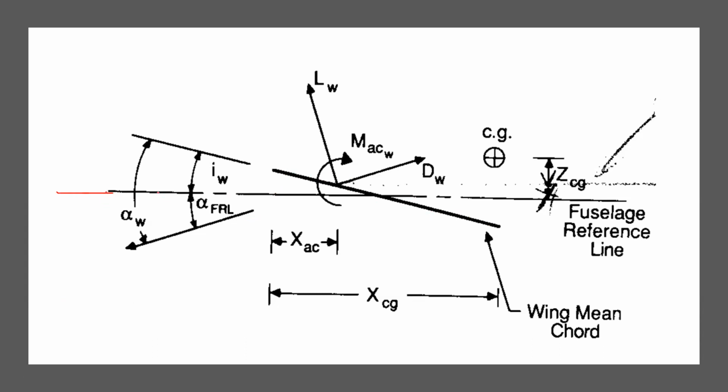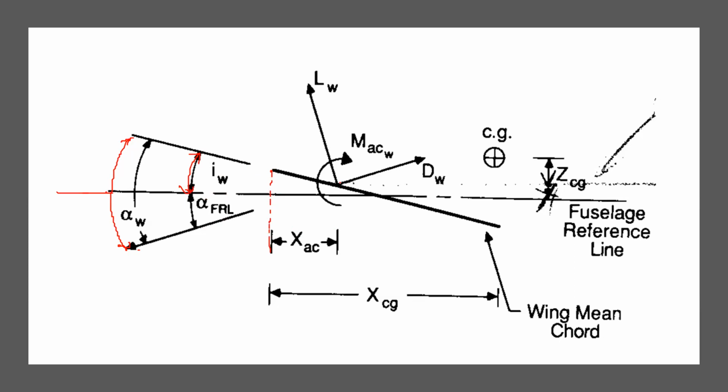So wing is mounted at some angle i_W from the fuselage reference line, and the wind is coming in this direction, the relative wind. So the angle of attack is this overall angle alpha_W. Okay. Now all distances are usually measured from the leading edge of the aircraft.